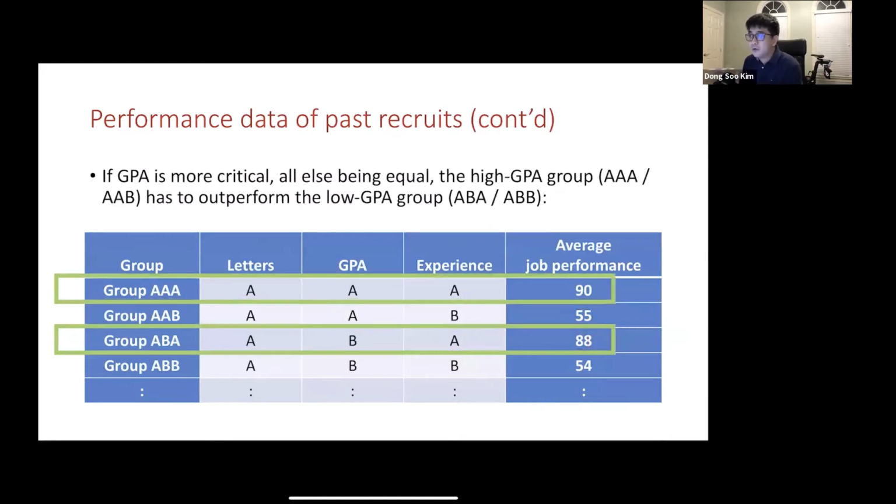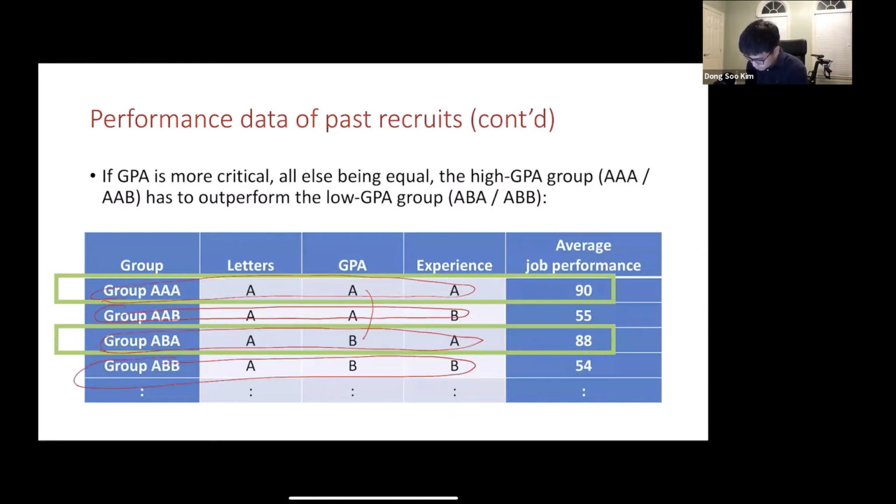Also, you found another evidence. You investigated the effect of the GPA scores on the job performance scores by comparing the job performance between two groups where the two are different from each other only in the GPA score, like group AAA versus group ABA. So the GPA score, that's the only one difference. And group AAB versus group ABB.